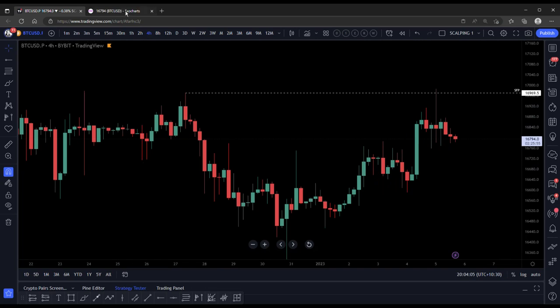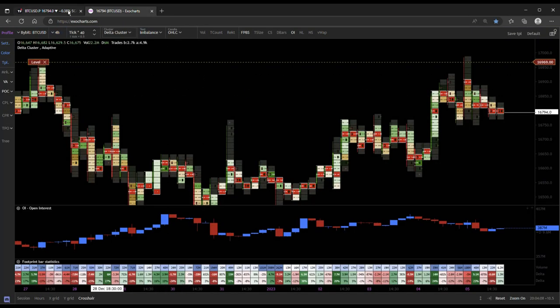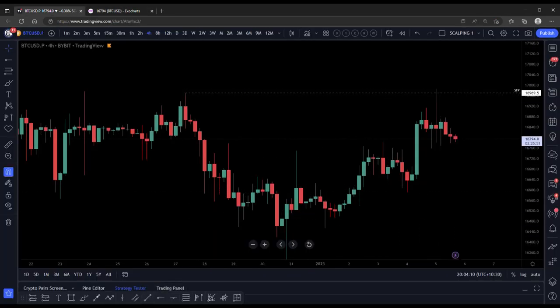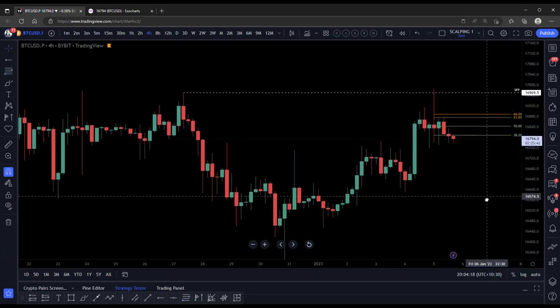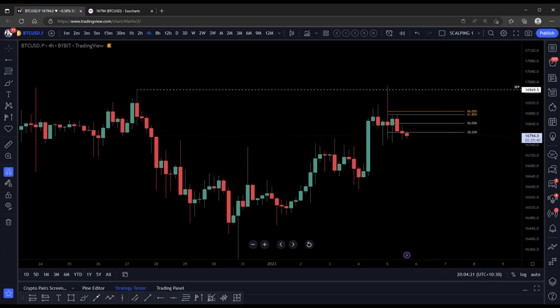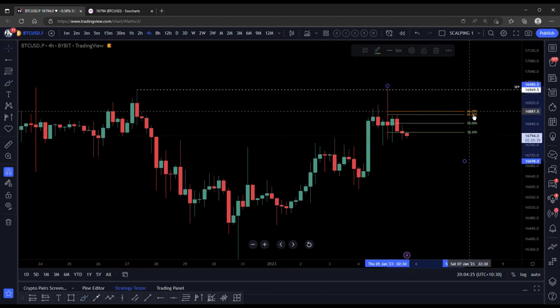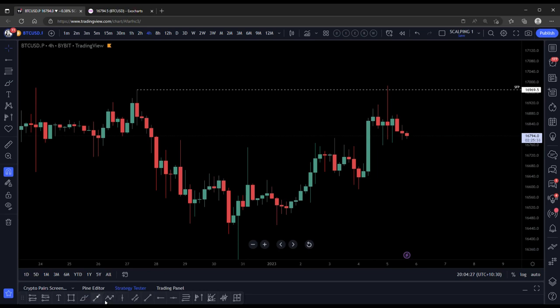Now if you want to try and trade this as a high time frame SFP, you would need to wait for some sort of bounce to come. You would fib the top. Let's just say we do this. This is a real time frame.